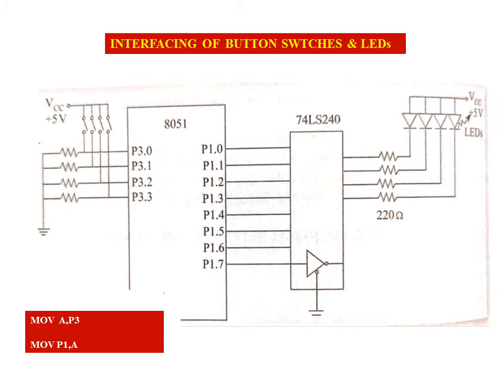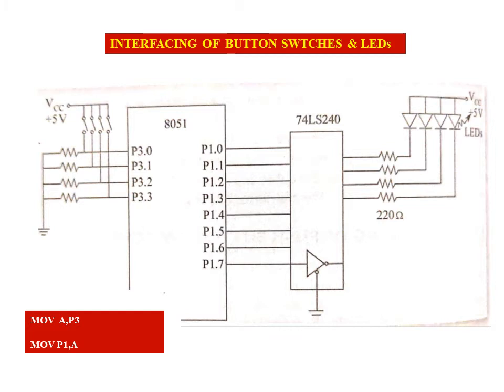Port 3 and port 1 are used for input and output. Switches are the best example of input devices and LEDs are the best example of output devices. The 8051 reads data from the switches through port 3 and produces output to the LEDs through port 1.